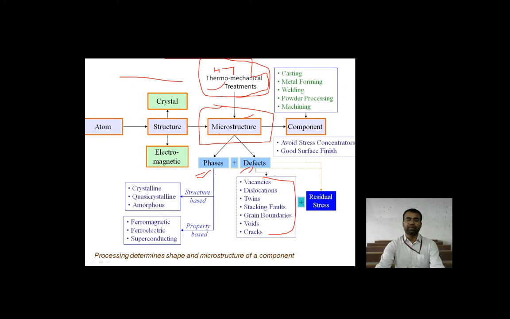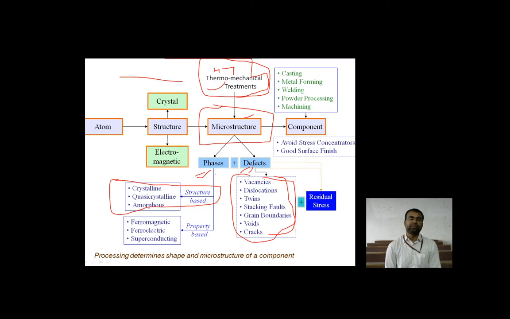We can change or enhance these types of defects and these phases, and maintain them to improve the various properties of the components. That is how the phases and defects of metals are defined.